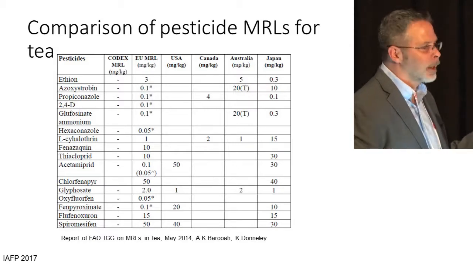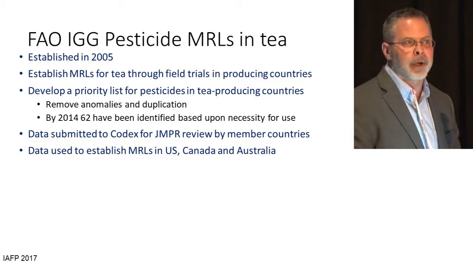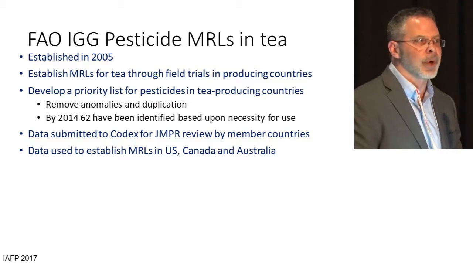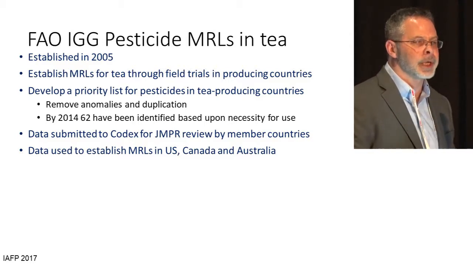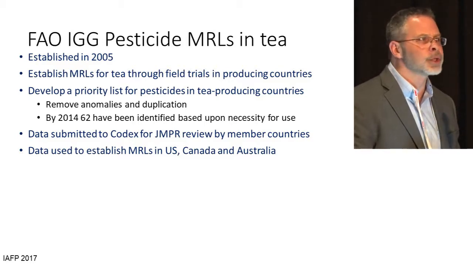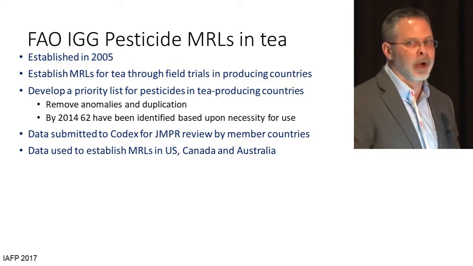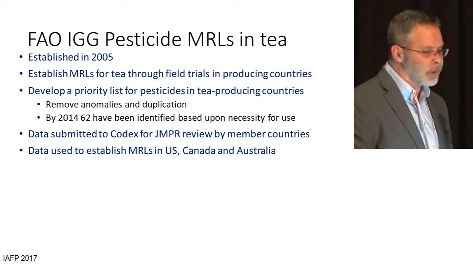And here, there was an interagency or intergovernmental group through FAO that was established to address this inconsistency. And in the U.S. and Canada, the U.S. and Canadian tea associations are working together in order to manage this risk, or in order to increase the number of pesticides that are allowed for tea in Canada and the U.S. And they've been very successful.